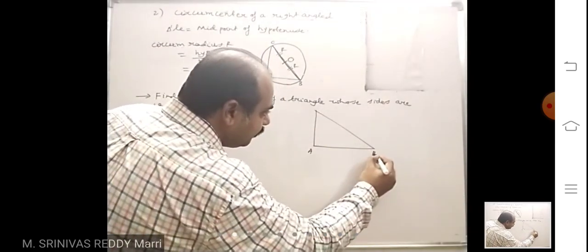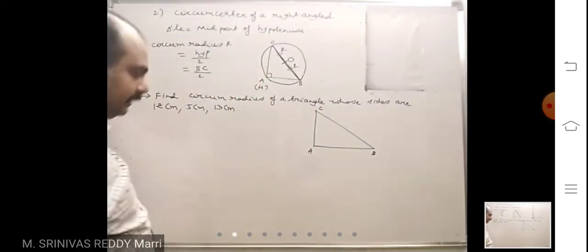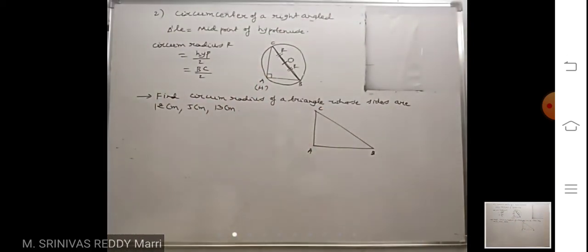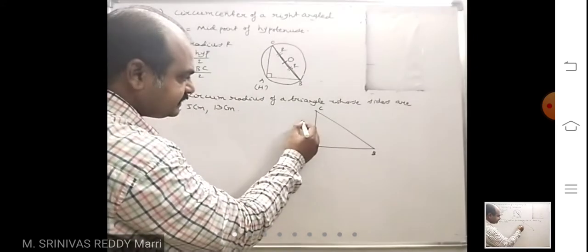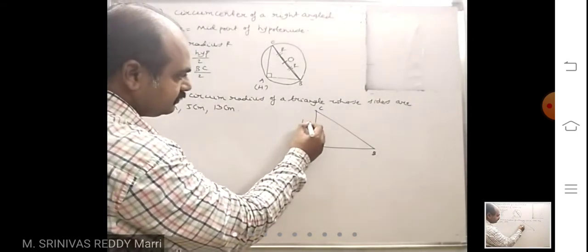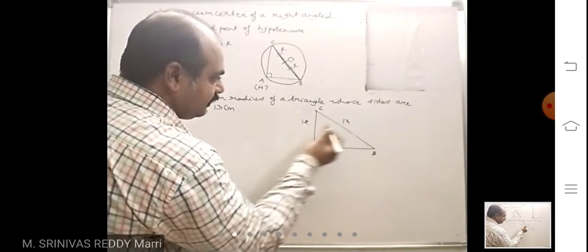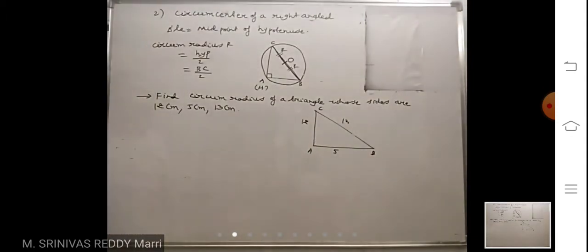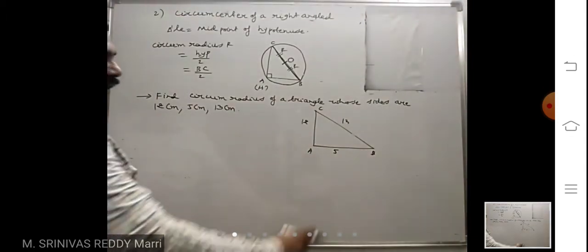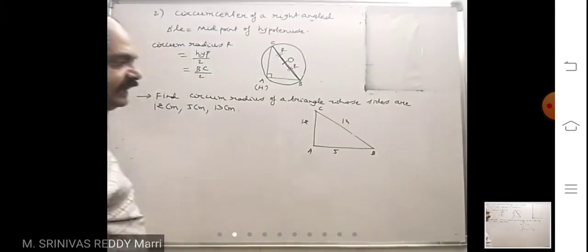Take one triangle. Therefore, this is 12, this is 5, this is 13, because 12 square plus 5 square is 13 square. So this is a right angle triangle.